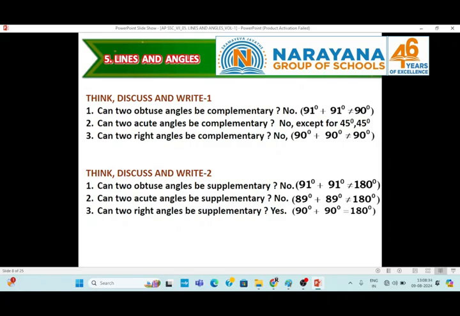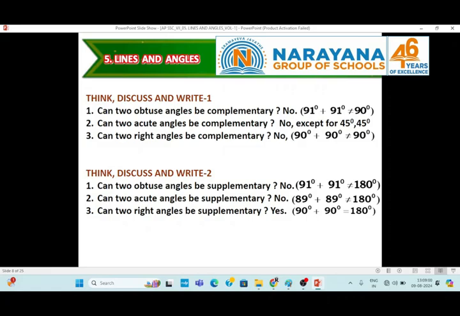So let us consider two obtuse angles and calculate their sum. Complementary means the sum becomes 90. As every obtuse angle is more than 90, the sum of two obtuse angles is certainly more than 90, of course not equal to 90. So can two obtuse angles be complementary? No.